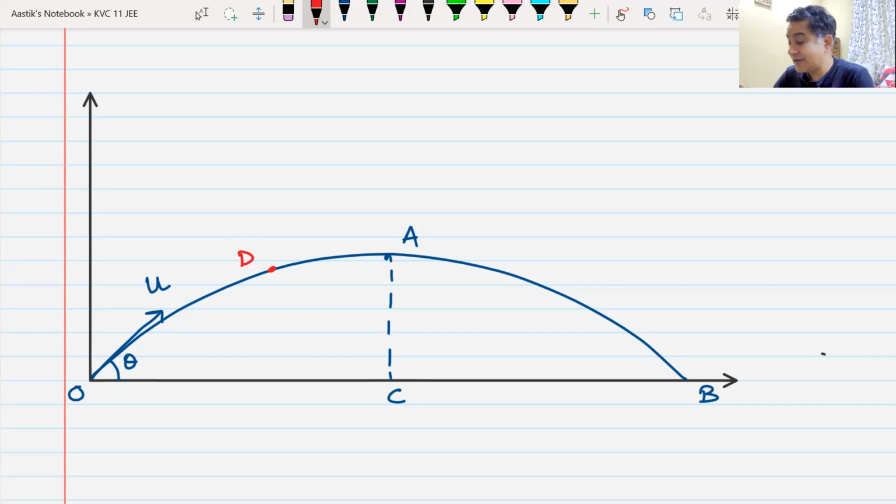Tangential, sir. Remember, I told you the direction of instantaneous velocity is always tangential. So the velocity will be like this, v.